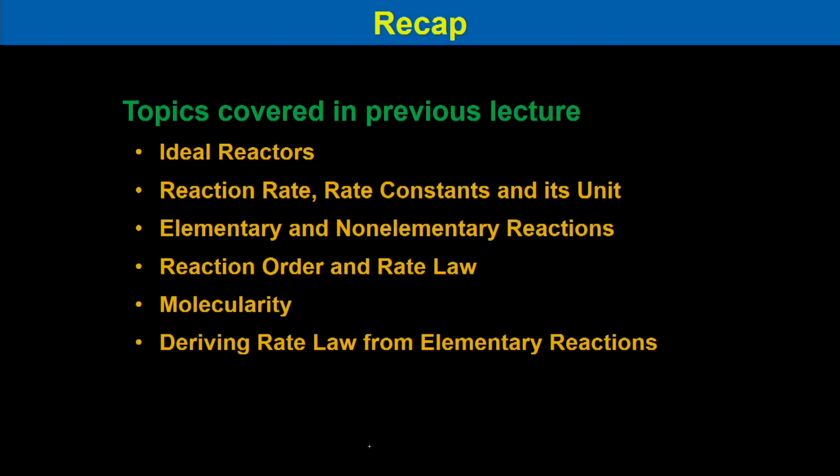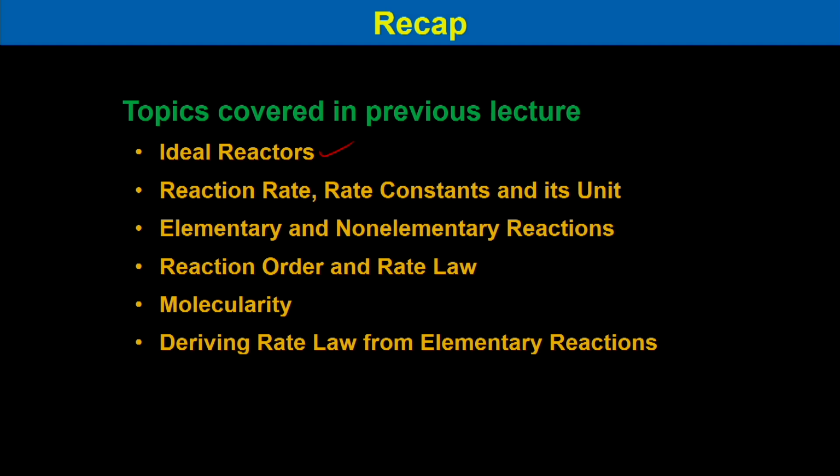The topic which we covered in our previous lecture is ideal reactors, and we have seen there are three different types of reactor: batch reactor, plug flow reactor, and continuous stirred tank reactor. Then we discussed reaction rates, rate constants and their unit.